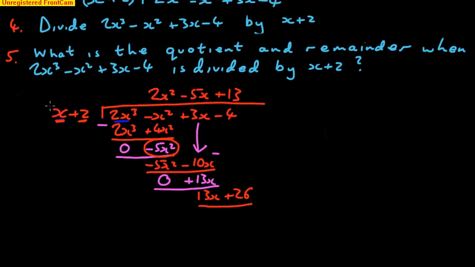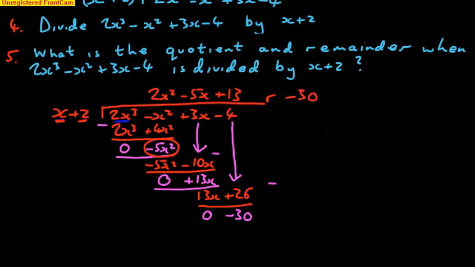And subtract. 13x minus 13x is nothing. This is a subtraction here. And minus 4, that's the numbers column. Minus 4 minus the 26 gives me minus 30. And this is my remainder. So I've got a remainder of minus 30.